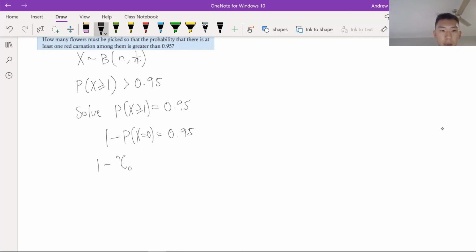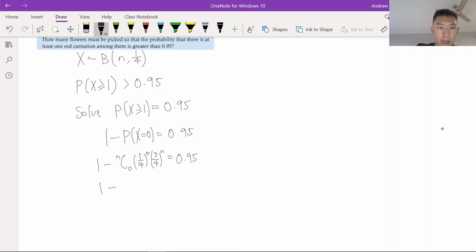nC0 times the probability of success to the power of 0 times the probability of failure to the power of n, which equals 0.95. Now this is more of a conceptual thing, but anything C0, so nC0, whatever n is, it's going to be 1.